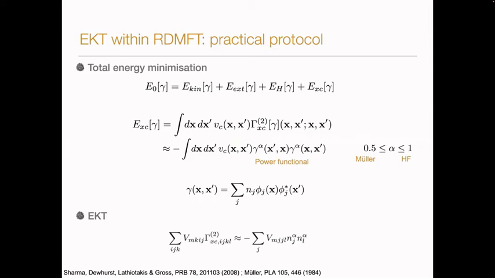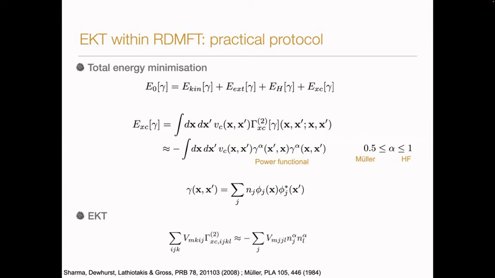So let me just spend a few words on how we use the whole protocol. So we just use RDMFT. We have the total energy with some approximation. So the approximation that I will show you is the power function, which was introduced also by Hardy, okay, which is this factorization of the exchange correlation part of gamma 2 in terms of this 1-RDM with this parameter alpha, and you can change it between 0.5 and 1.